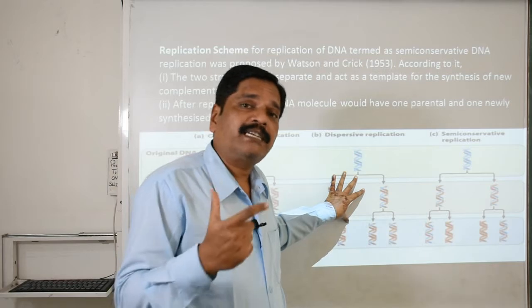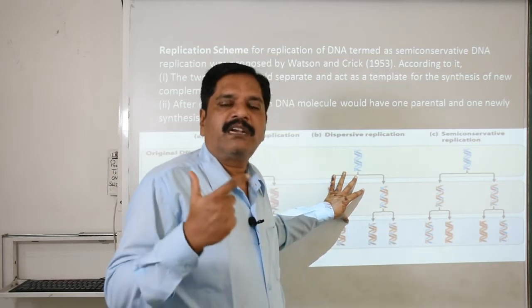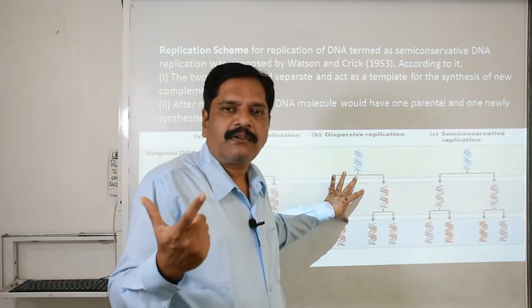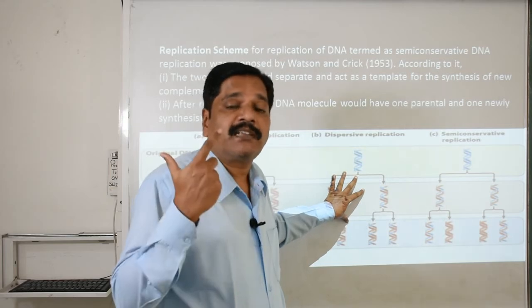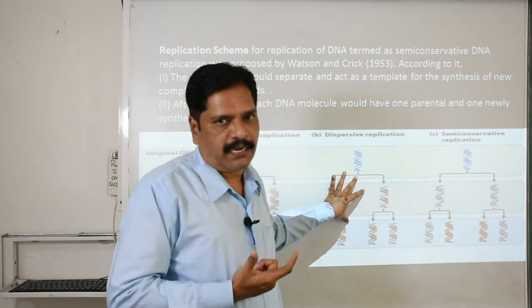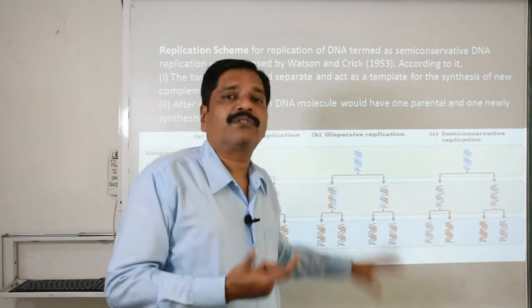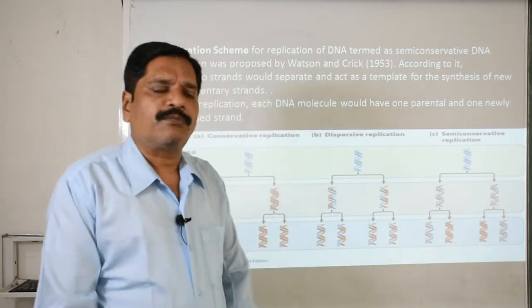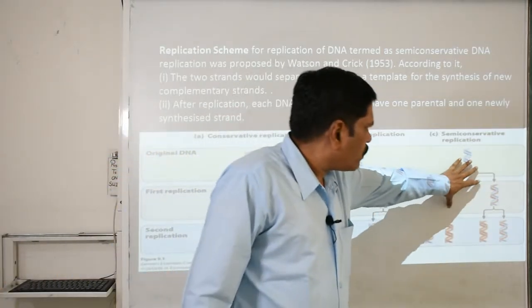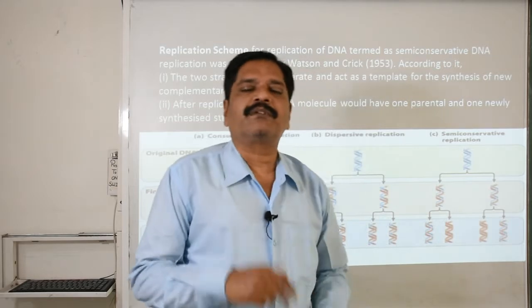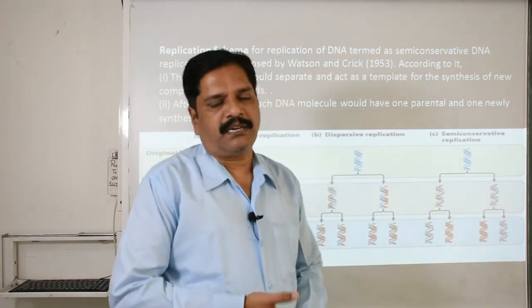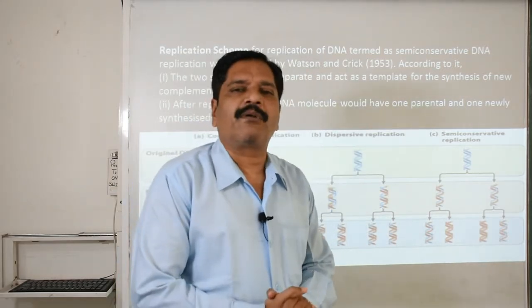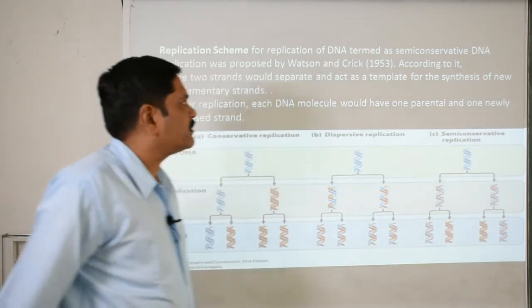But practically we observe that the DNA molecule obtained after replication is an exact copy of the parental DNA strand. There are no changes observed. So for this purpose only the semi-conservative replication method is considered. Later we will also prove it with the help of one experiment.